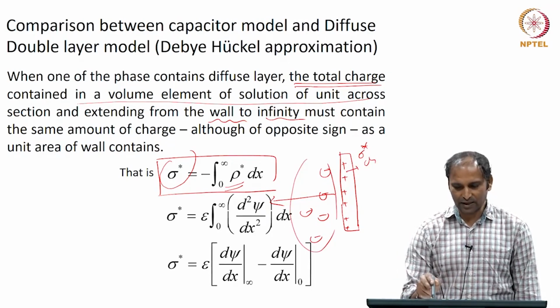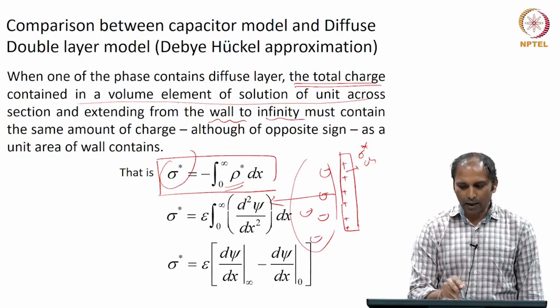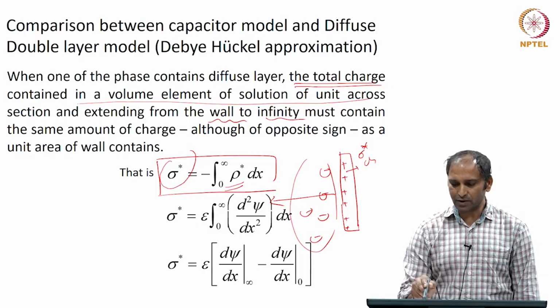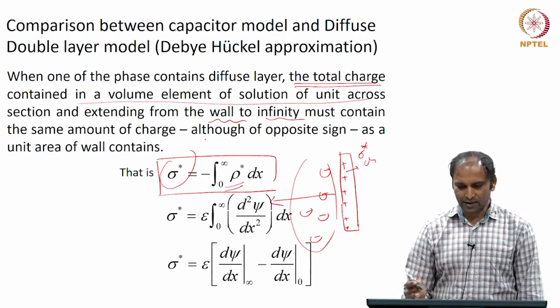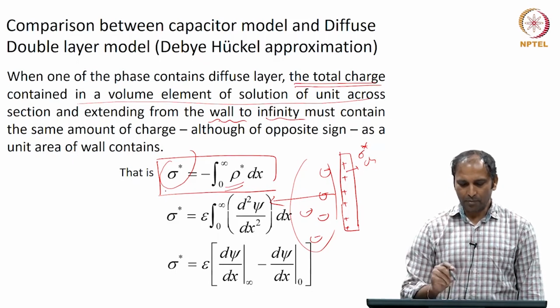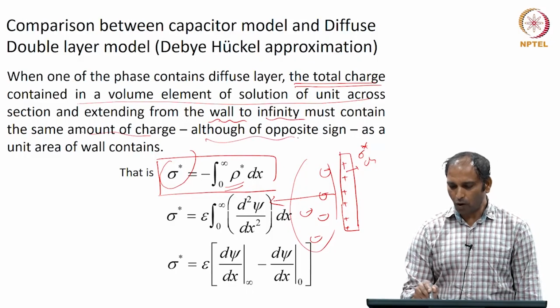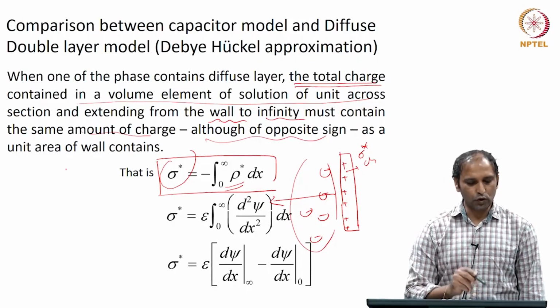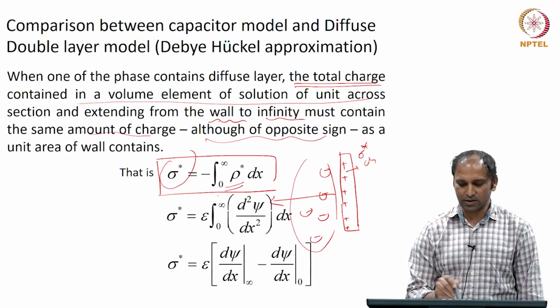When one of the phases contains a diffuse layer, the total charge contained in a volume element of a solution across the cross section, extending from wall to infinity, must contain the same amount of charge, although opposite in sign, as the unit area of the wall contains. So that is what this expression essentially tells you.